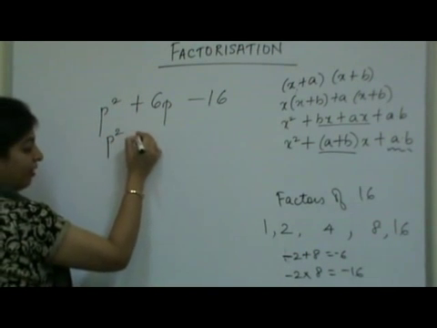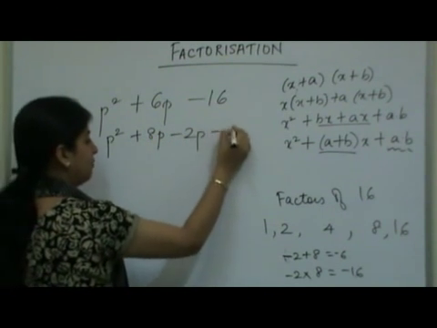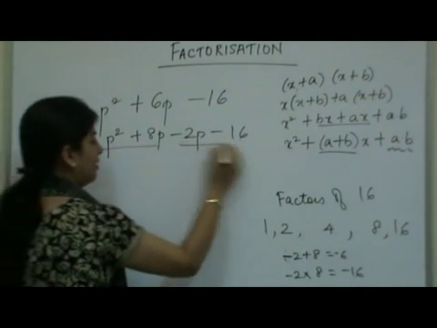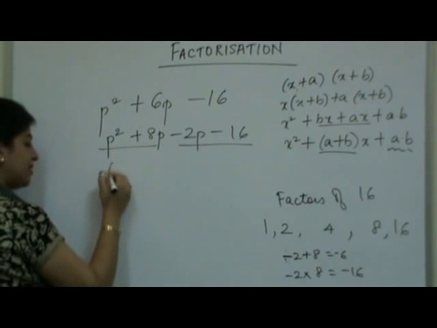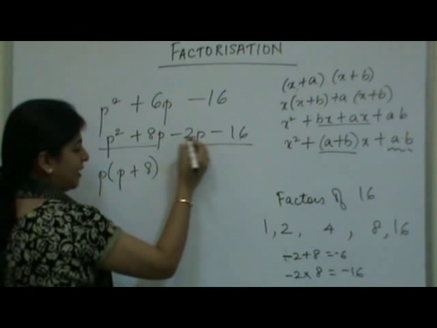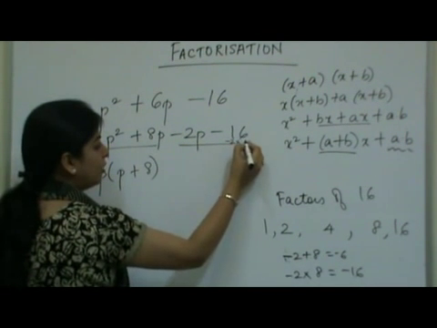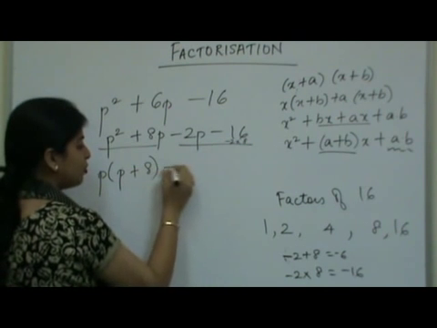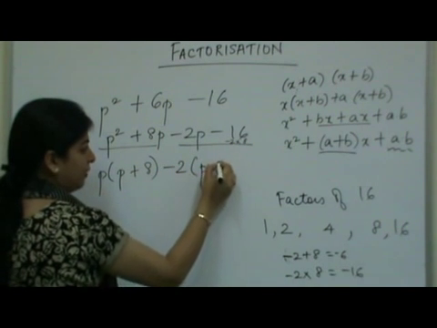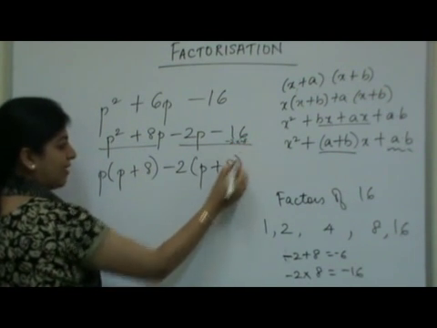So p squared plus 8p minus 2p minus 16. In the first part, p comes out common, p plus 8 is in the bracket. Now minus 2p and minus 16 can be written as minus 2 into 8. So if minus 2 comes out common, p plus 8 will be left behind because your 8 has a plus sign.